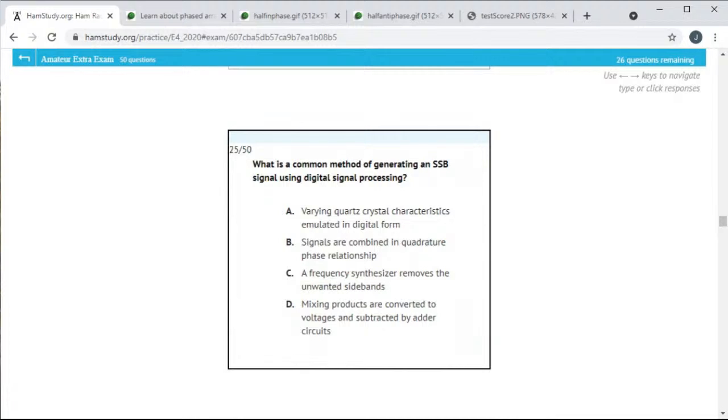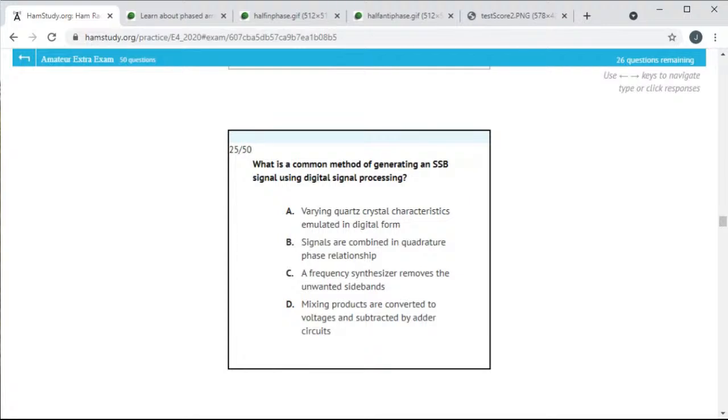What is a common method of generating a SSB signal using digital signal processing? A, varying quartz crystal characteristics emulated in digital form. B, signals that are combined by quadrature phase relationship. C, a frequency synthesizer removes unwanted sidebands.